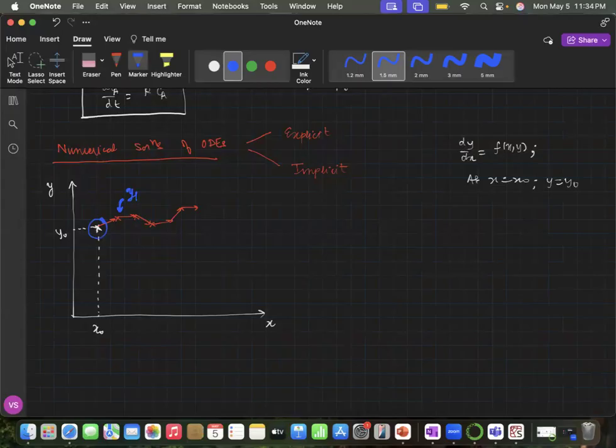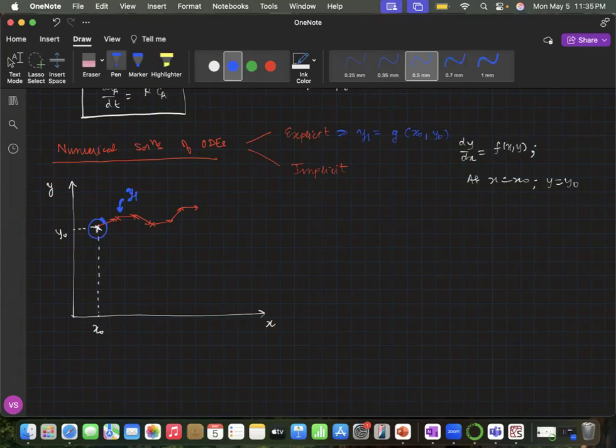So whenever you have to evaluate y1, I'll write down over here. If using an explicit method, in order to evaluate the information at y1, we'll always use all the information that is available at the previous points, so x naught comma y naught.